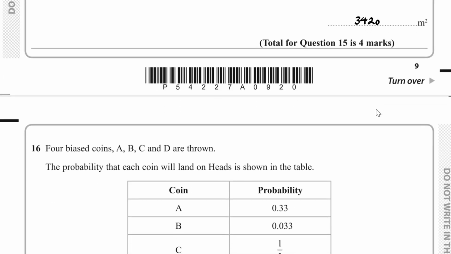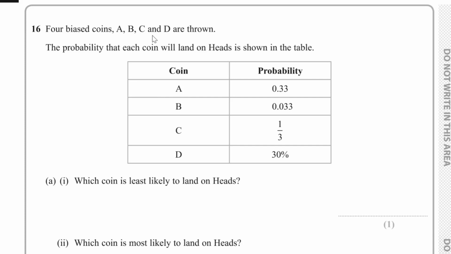For question number 16, 4 biased coins A, B, C and D are thrown. The probability that each coin will land on heads is shown in the table. Which coin is least likely to land on heads? Well, the way I like to do this is we can convert all of these into a fraction, or we could convert them all into a decimal. So if I put all of them to 3 decimal places, here we have 0.330, if you want to think of it like that.